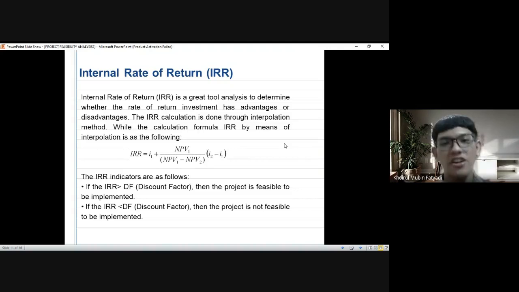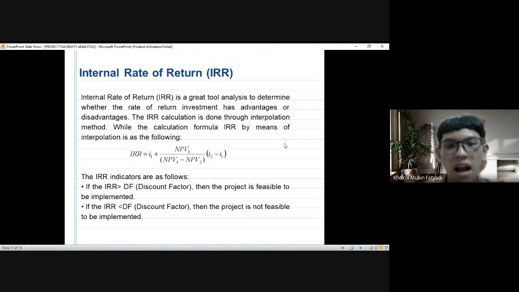The IRR calculation is done through the interpolation method, while the calculation formula of IRR by means of interpolation is as follows. IRR is equal to I1 plus NPV1 over NPV1 minus NPV2 times I2 minus I1.